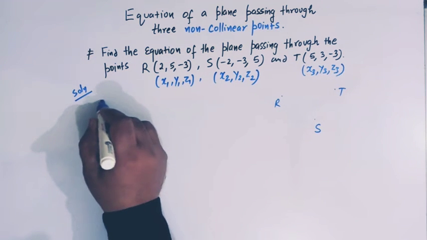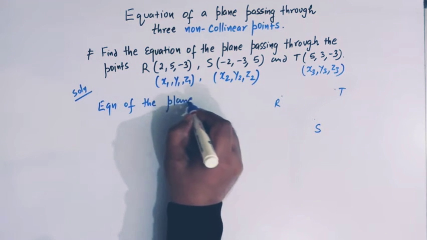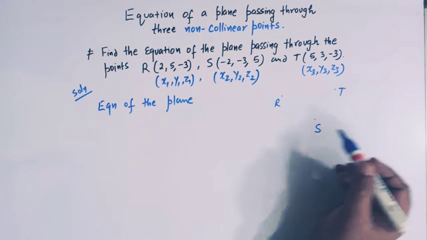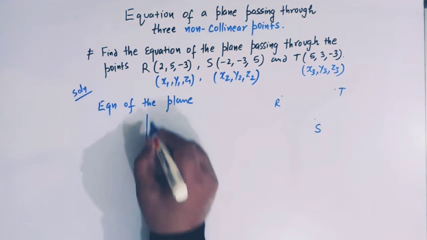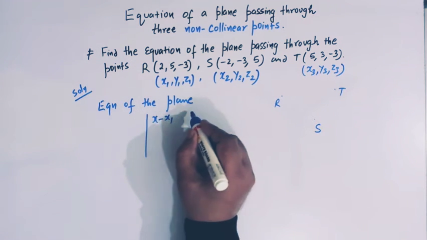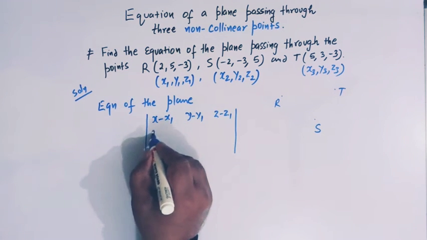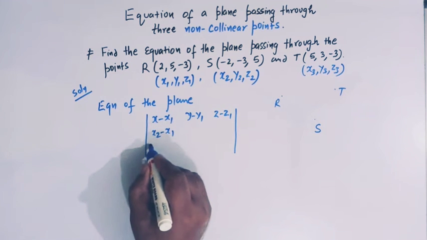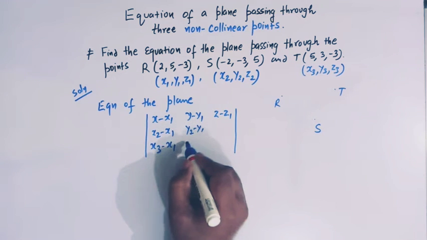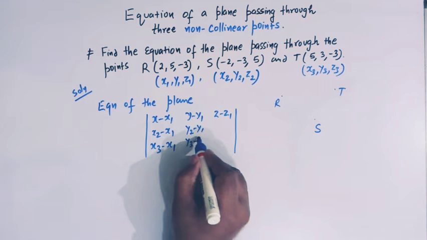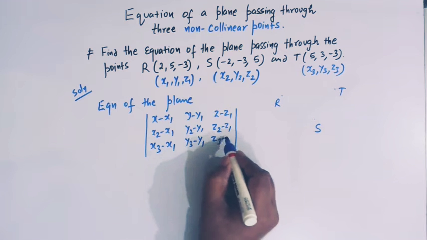The equation of the plane which passes through these 3 non-collinear points can be written in the form of a determinant: the first row is x minus x1, y minus y1, z minus z1; then x2 minus x1, y2 minus y1, z2 minus z1; and x3 minus x1, y3 minus y1, z3 minus z1.